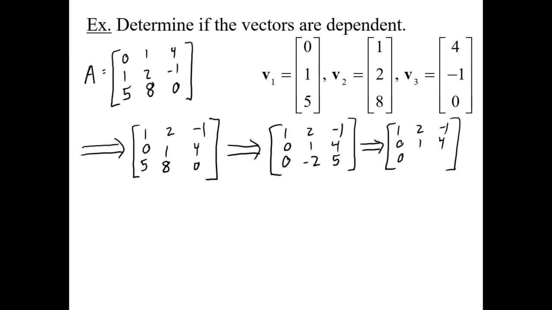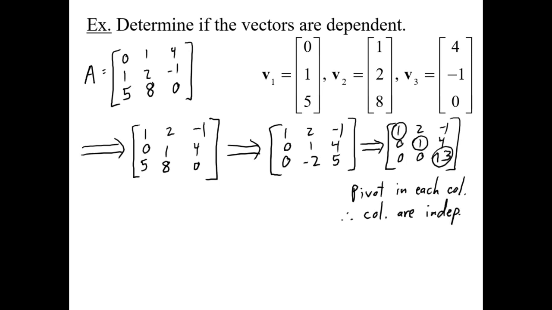We get 0, 0, 13. And I can stop here. The question is simply, is there a pivot in every column? And the answer is yes. So we see a pivot in each column. Therefore, the columns are independent. I don't mind if you abbreviate.